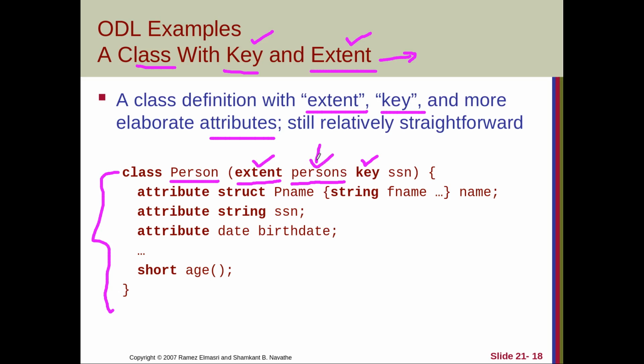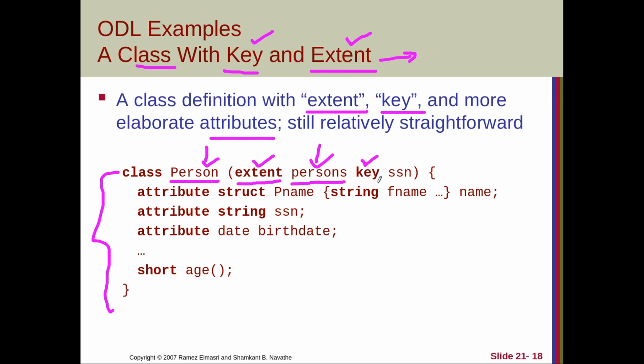So you can understand persons is an extent name under which a person object will be stored. So I am providing an extent name persons, then give a space, use the second keyword, that is key, which is used to specify which of the attributes can be considered as the key attribute of this particular class.